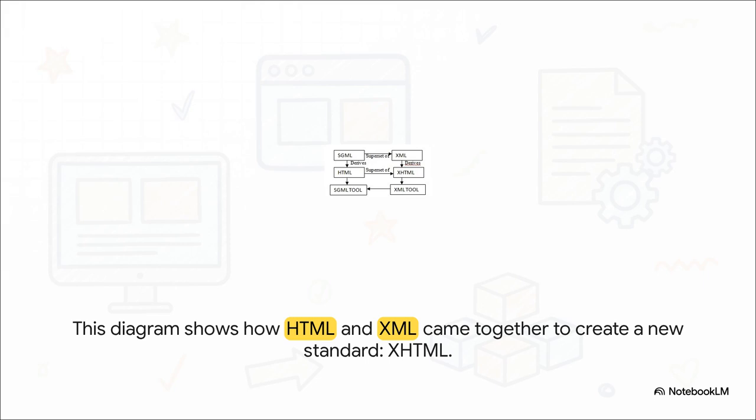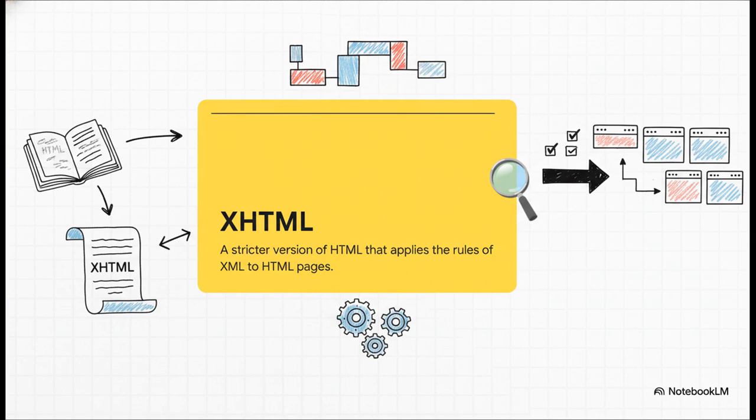XHTML essentially took the familiar language of HTML, all those tags we know, like P for a paragraph, and it applied the strict, predictable grammar of XML right on top of them. So here's the key takeaway. XHTML is basically just HTML, but with rules, really strict rules. It forces developers to write clean, predictable, well-structured code that any browser, anywhere, can understand in exactly the same way. It wasn't a totally new language, just a new set of standards for an old one.